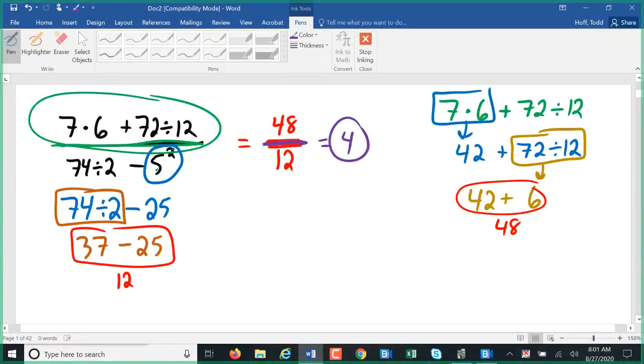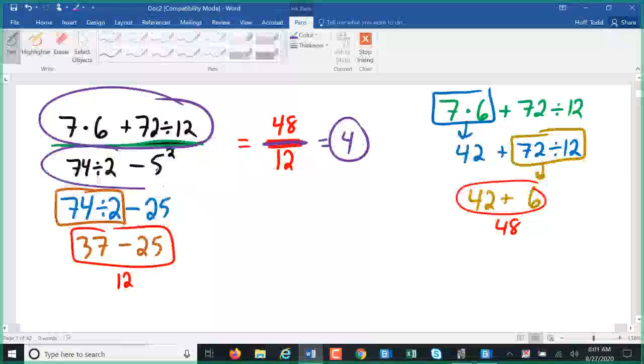Now, I make sure I always do at least one example like this, because here is a problem that would be very difficult to enter in the calculator. So if you are going to use the calculator on a problem like this, the way I would advise you do it is exactly how I did this here. Do the top separate, the bottom separate, write those numbers down and divide it.